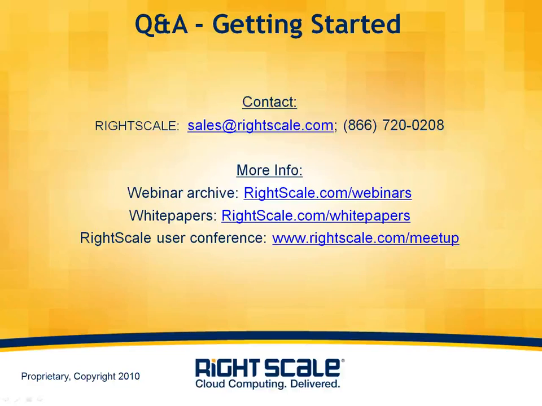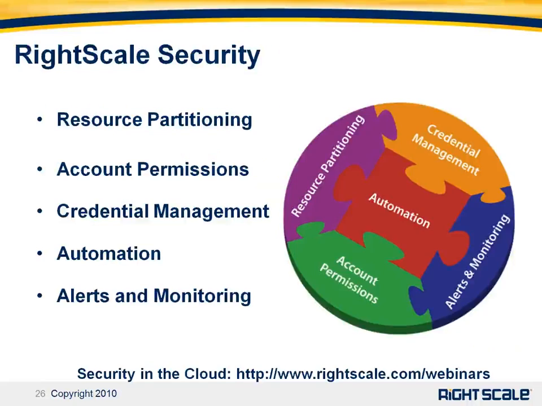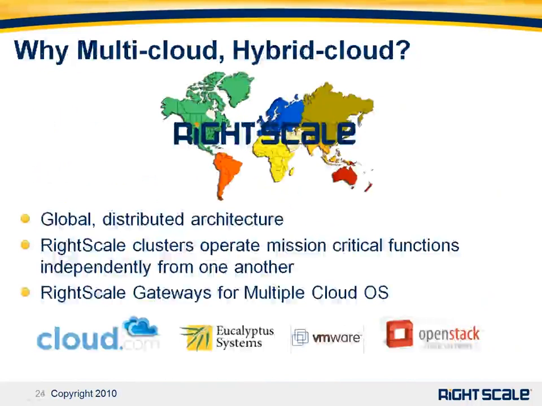Okay, next question is hybrid cloud again. Is there any sort of RightScale integration with VMware, specifically VMware's vSphere, or only Cloud.com and Eucalyptus? So if we jump back to the slide here, RightScale has the most advanced support for Cloud.com and Eucalyptus.